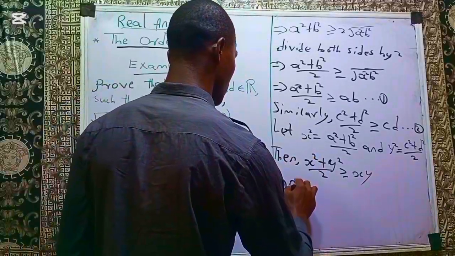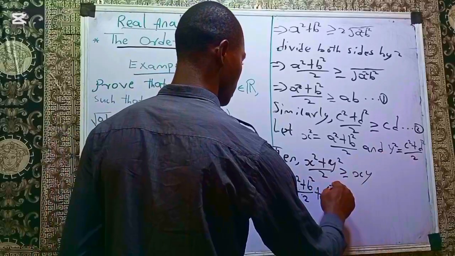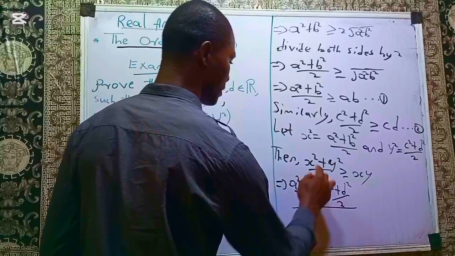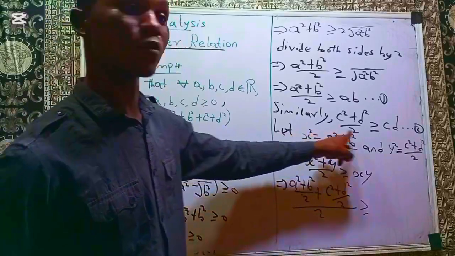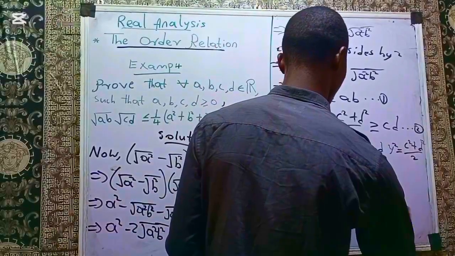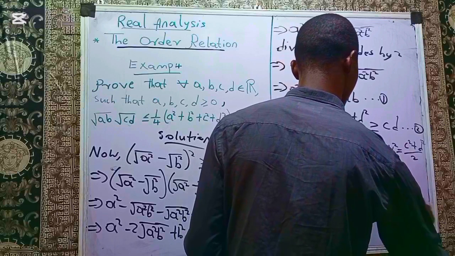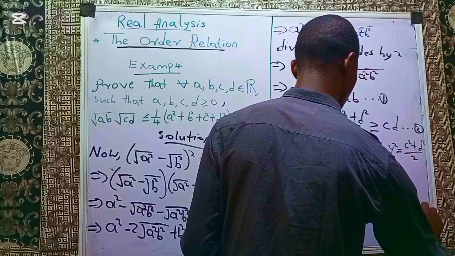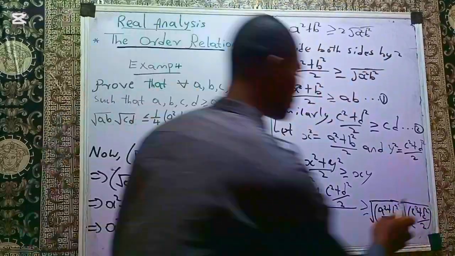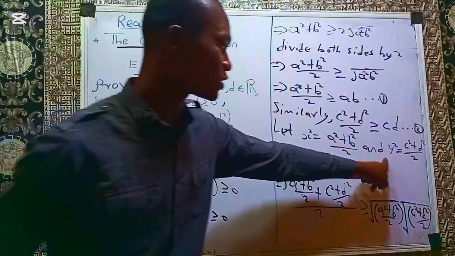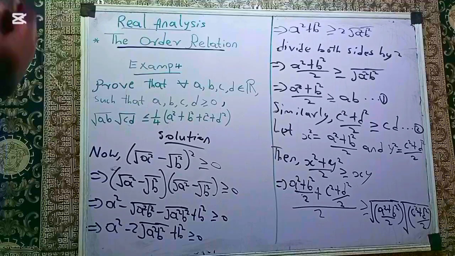X squared is (a squared plus b squared)/2, plus y squared, which is (c squared plus d squared)/2, then all divided by 2, greater than or equal to xy. Since x squared is (a squared plus b squared)/2, x will be the square root of (a squared plus b squared)/2, and y will be the square root of (c squared plus d squared)/2, right? This is what we are going to have.